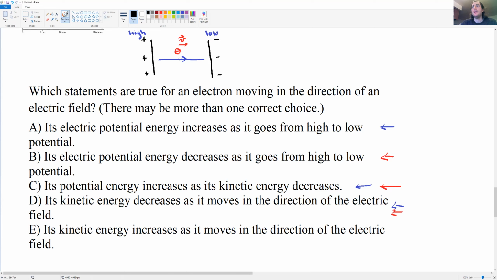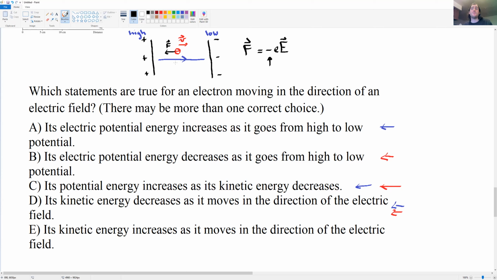Okay, so the electron here, is its potential energy increasing? Well, the electron has a force on it, because it's a charged particle, equal to minus E times the electric field. Notice there is this minus sign here, which means that the force on the electron is in the opposite direction of the electric field. So there's a force on it in this direction.